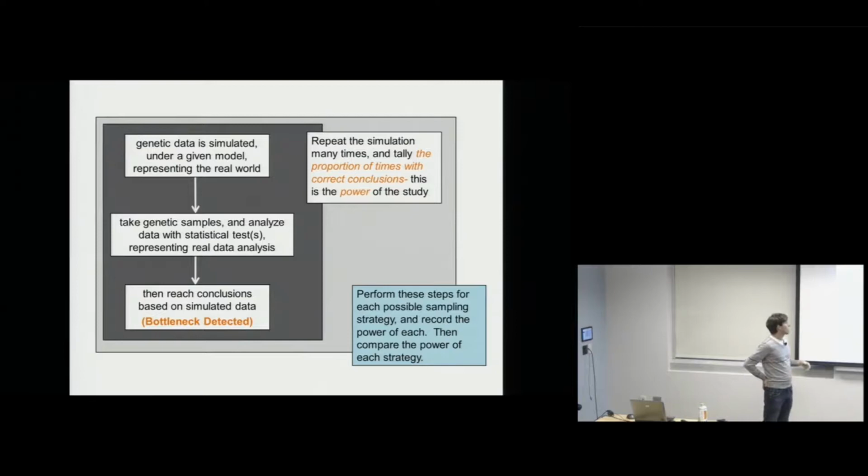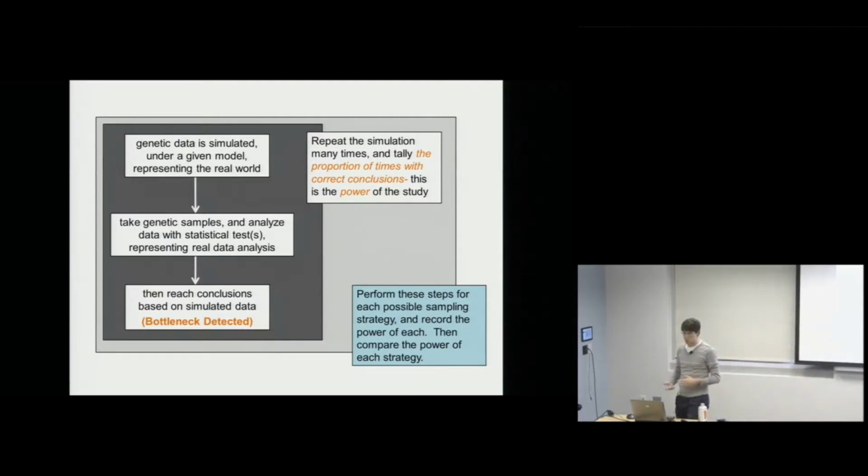Okay? We're going to repeat that process many, many times, some hundreds or thousands of times, so that we can count the number of times that this simulated study reached a correct conclusion. That proportion can be considered an estimate of the power of the study given this model and given the number of samples we used. We then repeat this whole process for each possible sampling strategy we might be considering.